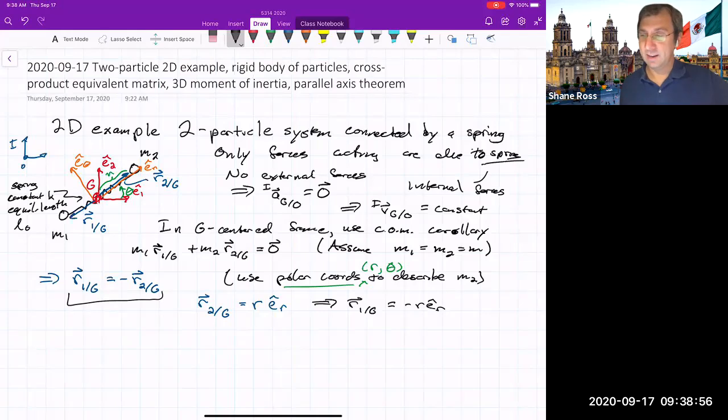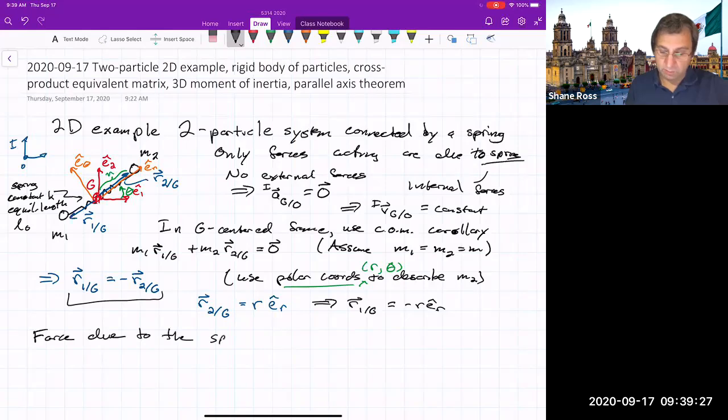So we could write down the force directed along that ER direction, F12, the force on particle 1 due to 2 and the force on particle 2 due to 1. But we talked about potential energy last time. So we're going to write the force due to the spring in terms of potential energy. And why can we do this? The force due to the spring is a conservative force, so we can write it as coming from potential energy.